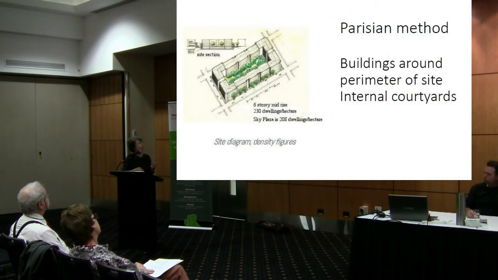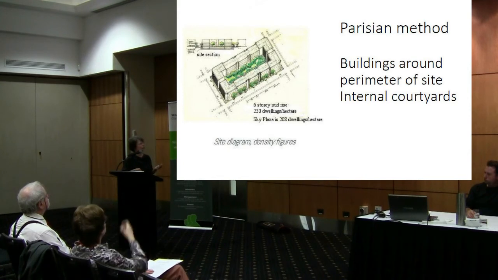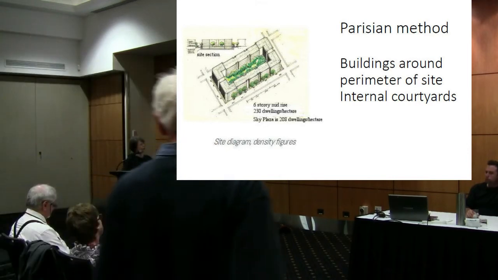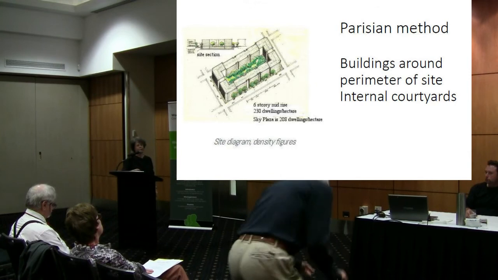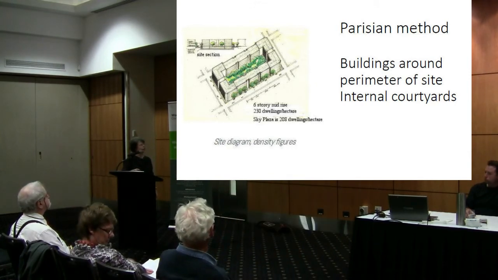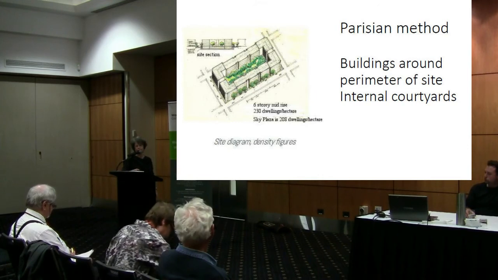We look at the Parisian method, where the highest densities were achieved by 6-story mid-rise buildings rather than the high rises that we are so familiar with. Under this system, there is a 230 dwellings per hectare density, which was achieved in Paris, while Sky Plaza is only 208 dwellings per hectare.